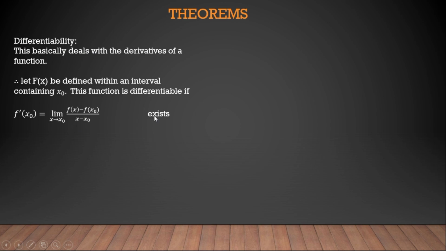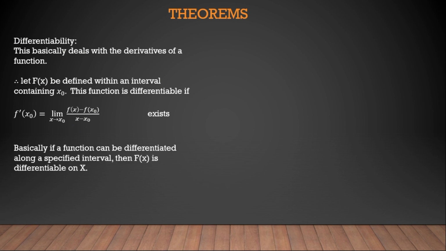This is the definition, and if you just follow me, I will explain to you exactly how this goes. Basically, if a function can be differentiated along a specific interval that is continuous, then f of x is differentiable on X.